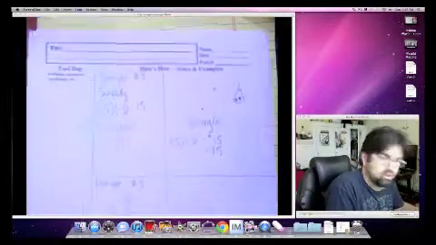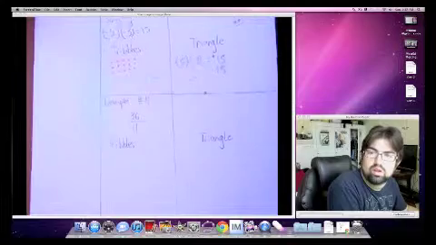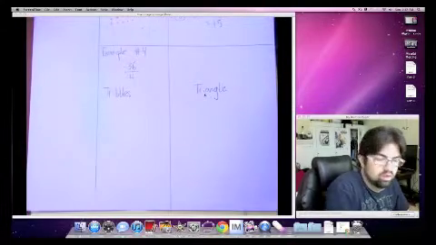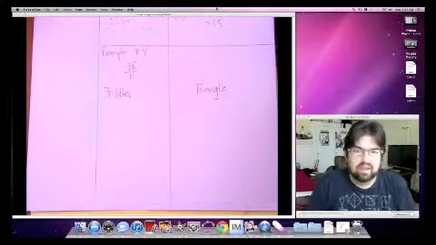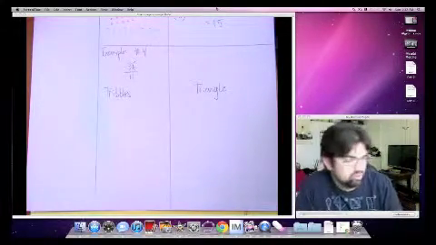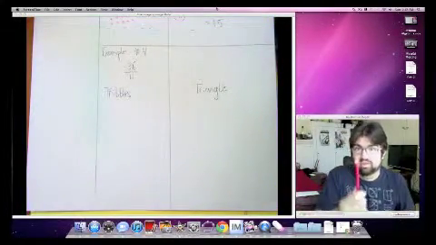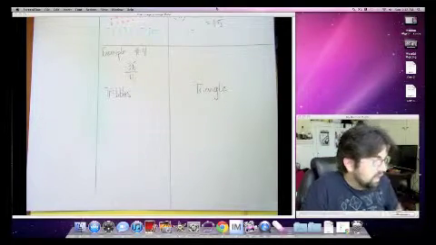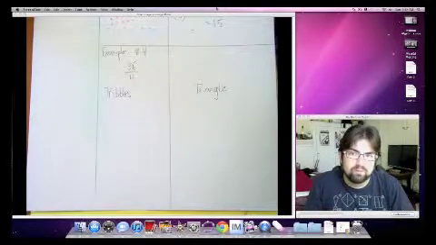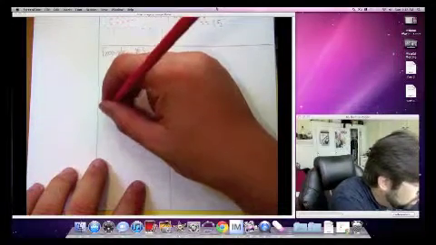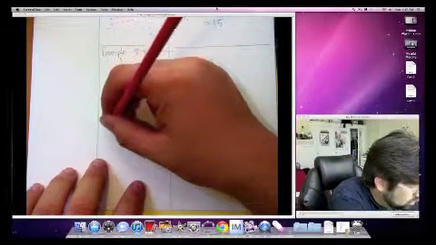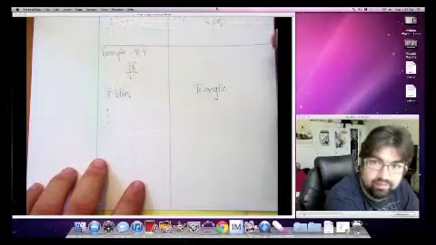Example number 4. Alright. I have -36 and I have 4. So I have -36, so I'm gonna take my red pencil, and I have to break it into 4 groups. So here's what I'm gonna do. 1, 2, 3, 4. Okay?